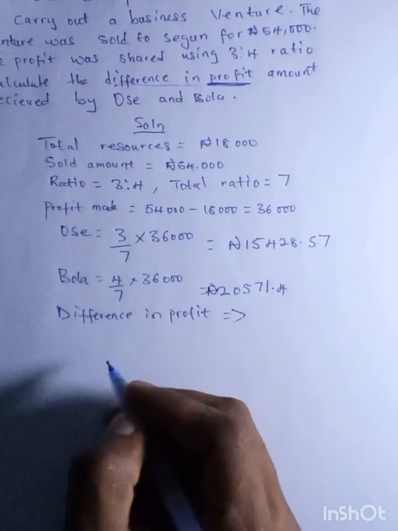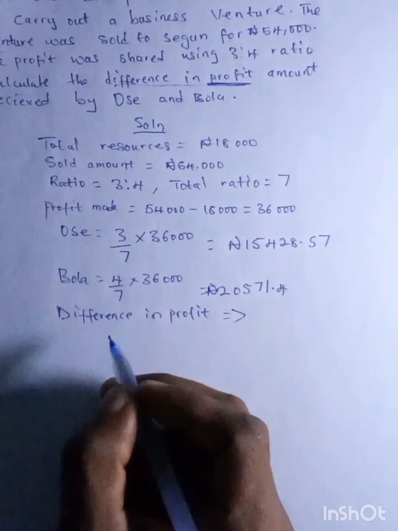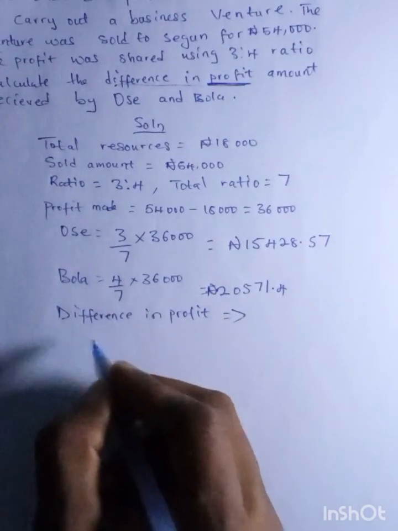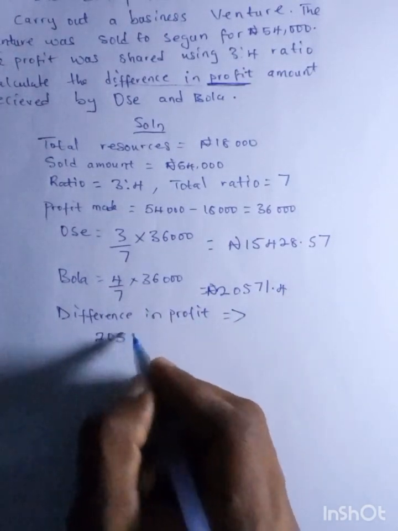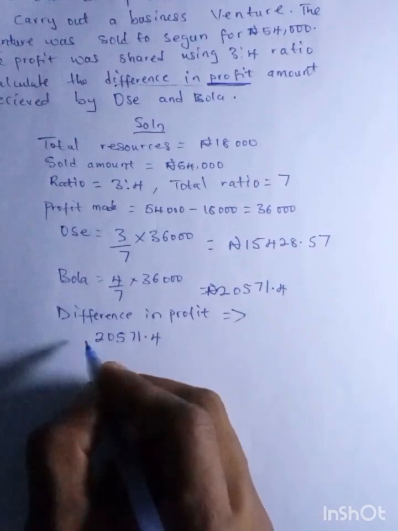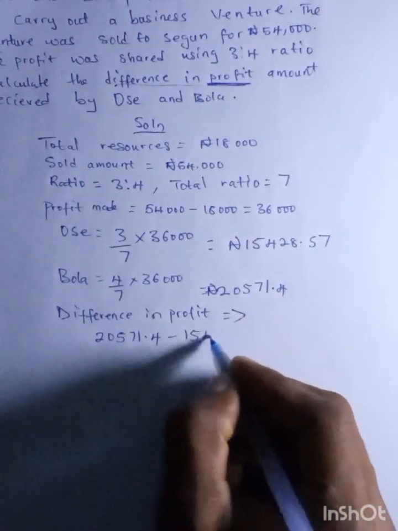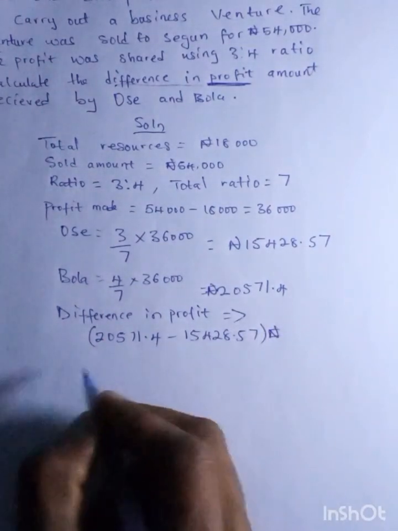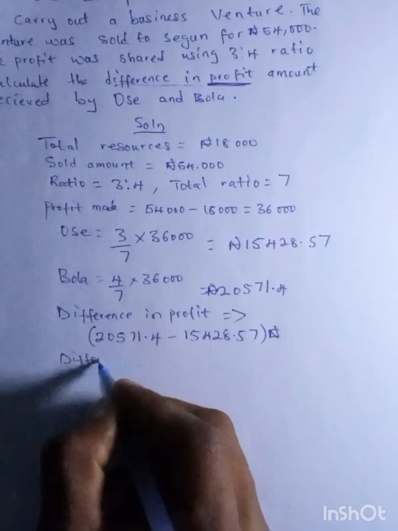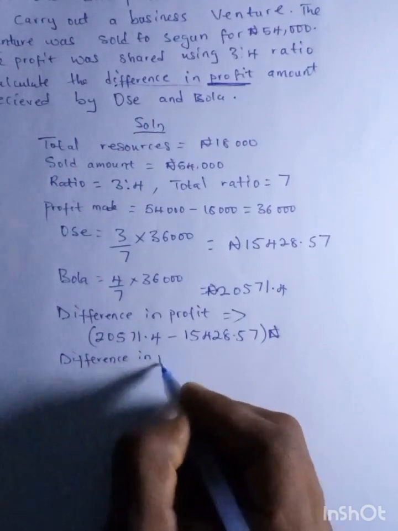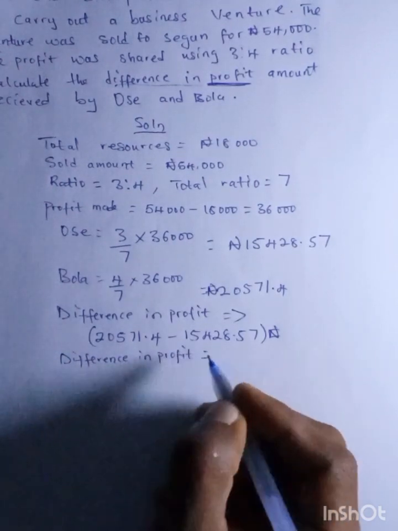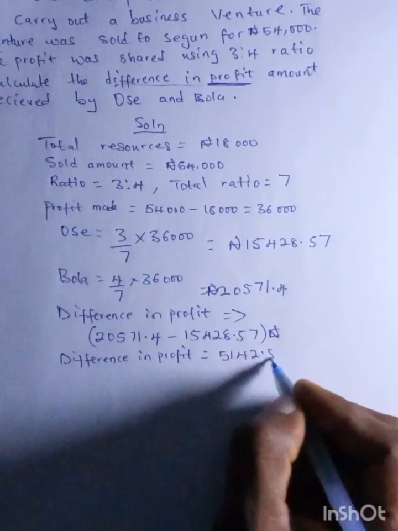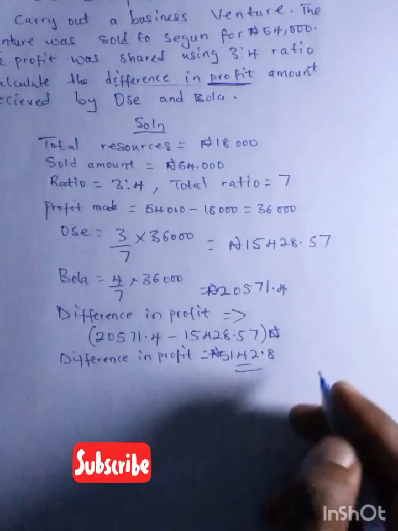So let's take the higher figure first, which is 20,571.4 minus 15,428.57, all in naira, right? So the difference in profit is equal to 5,142.8 naira. So that's the answer to the question.